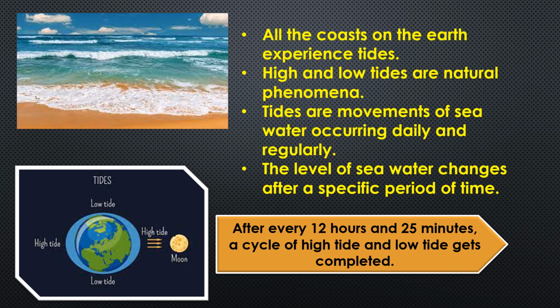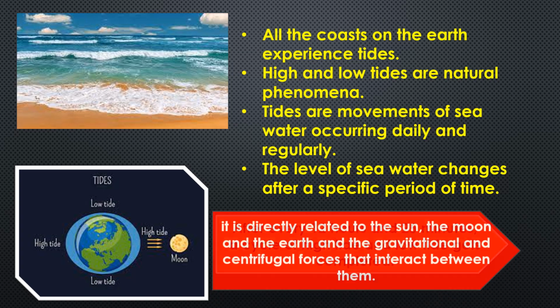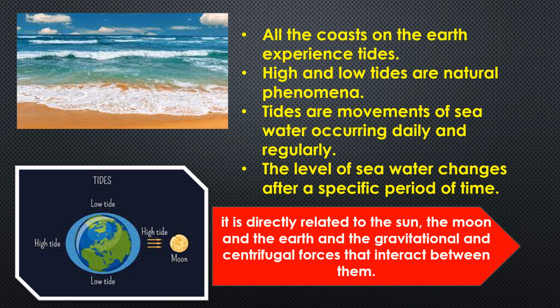How does this happen? This is because the tides are directly related to the sun, the moon, and the earth, and also the presence of the gravitational and centrifugal forces of the earth that interact between them.